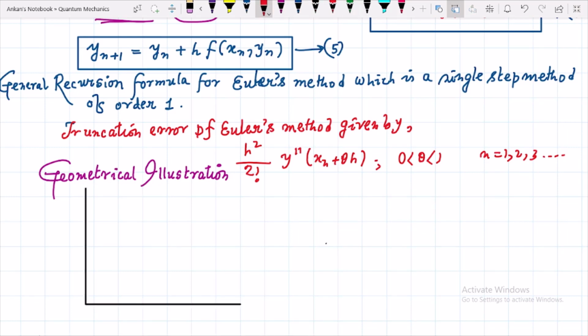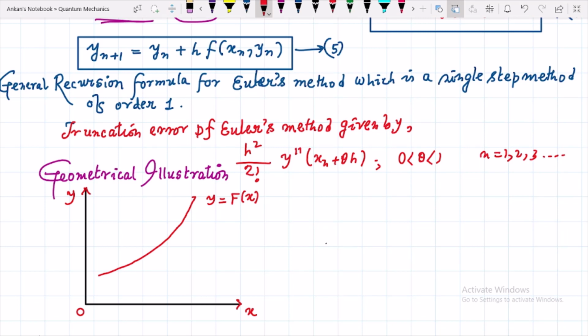Suppose this is the xy axis, that is the xy plane, which is defined as D, and the solution of equation 1 can be given by a curve like this. Let us suppose it. The solution is nothing but y as a function of x. This is the general solution.